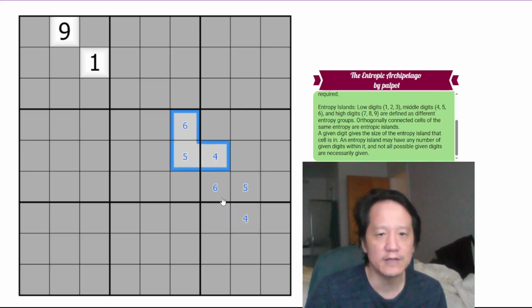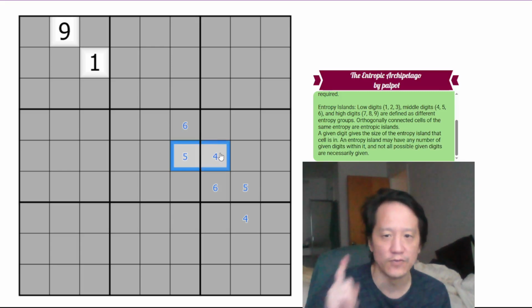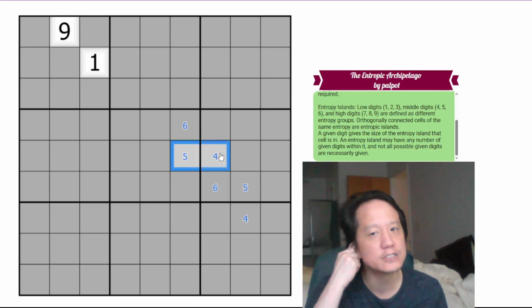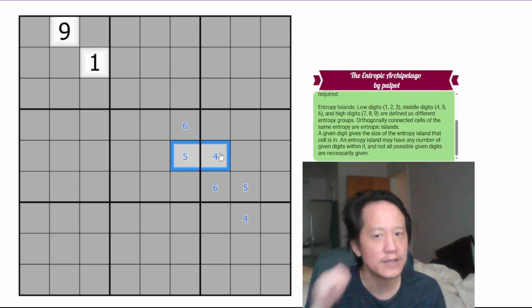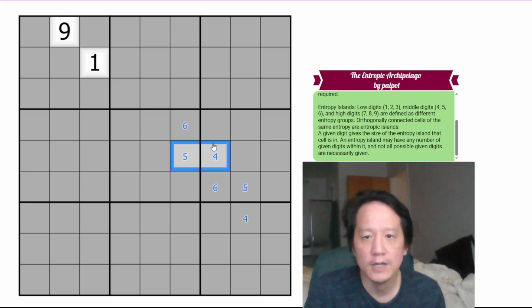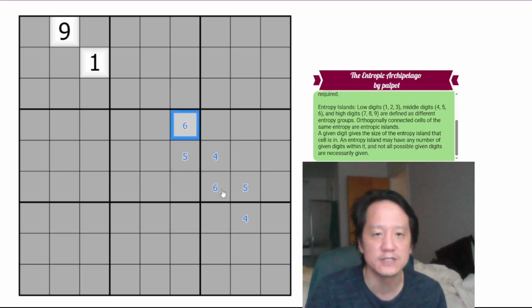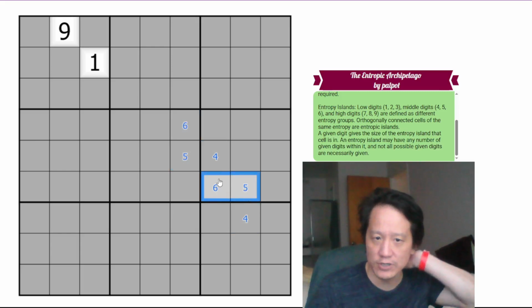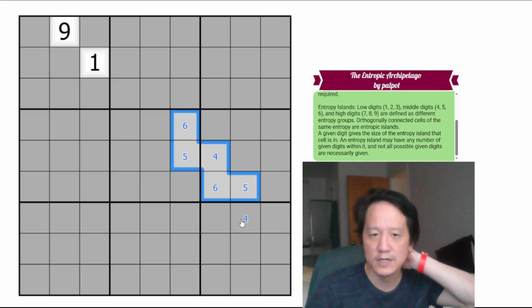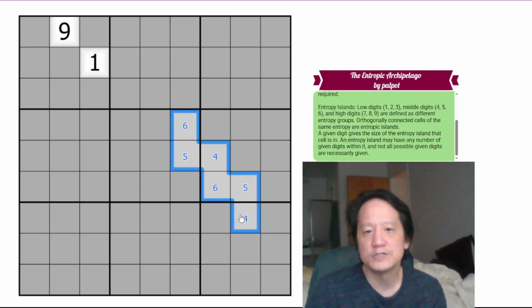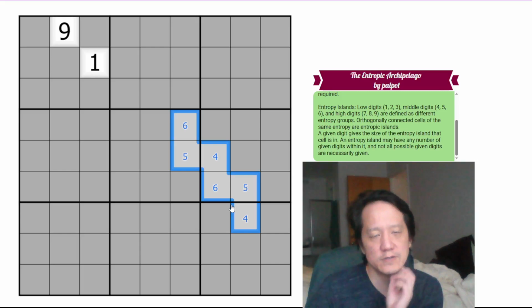And any of these 6s could be given. The 5 and the 4 could not be given because it must match the size of the island. But just because it's not given, so say neither of these 6s were given, that is not a guarantee that there is no 6 on this island, right? Anyways, I hope that made sense.